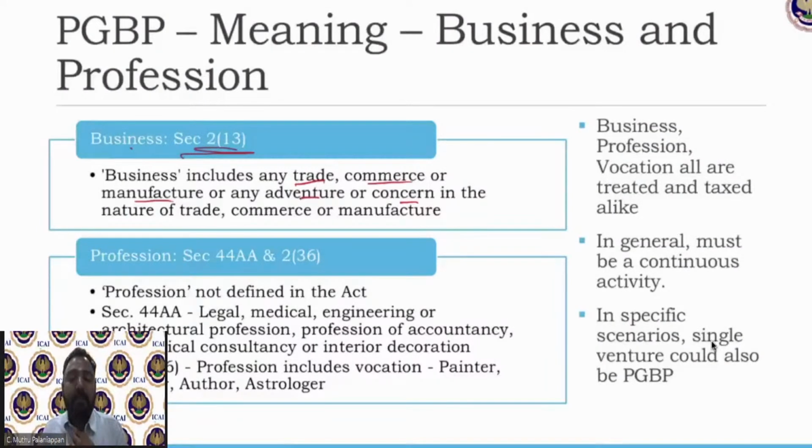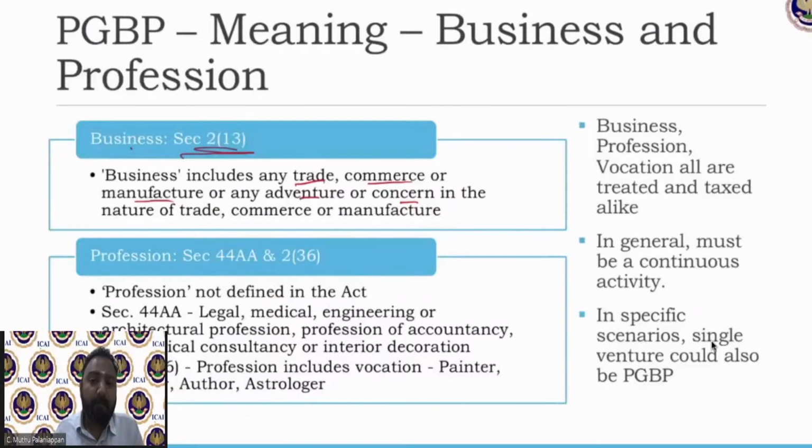What we understand is that any business, that is any transaction which results in a profitable transaction, where the intention is to do a trade, to do commerce, or to manufacture and sell, is what is called business. So any income from these transactions of trade, commerce, and manufacture will get covered in this particular chapter, PGBP.